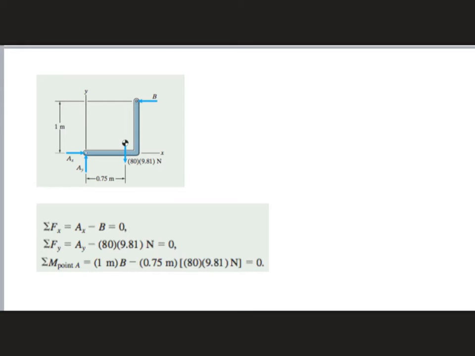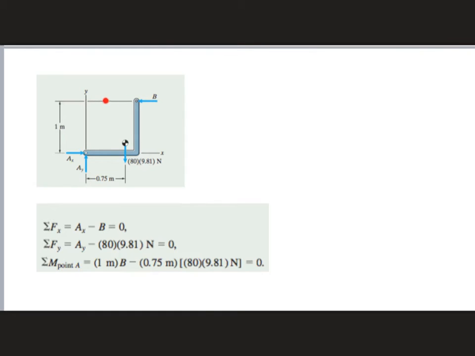And then we can do the sum of the moments about point A. If I pick point A as my axis of rotation, Ax and Ay provide no moment because their force lines of action go through the axis of rotation. This guy's force line of action has a moment arm of 0.75. This guy's force line of action has a moment arm of 1 meter.